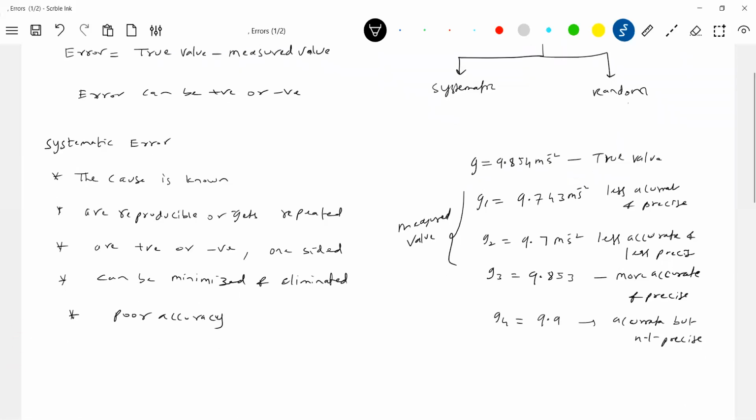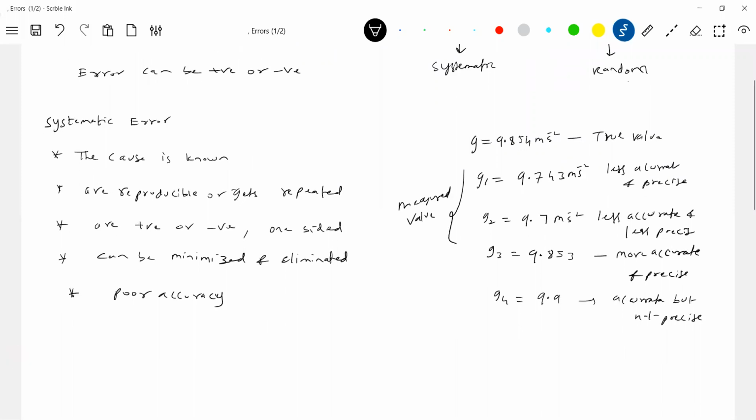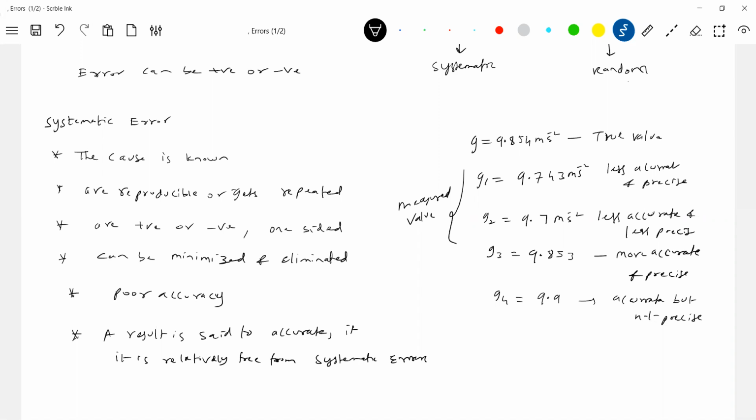A result is said to be accurate if it is relatively free from systematic errors. Okay, fine, this one.